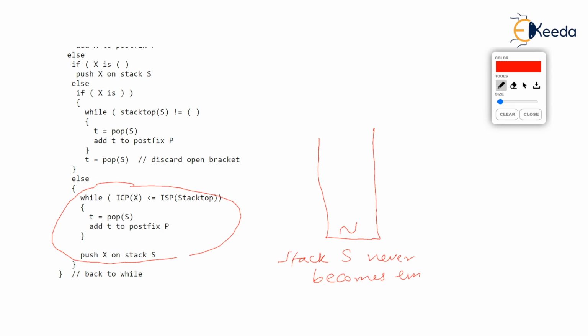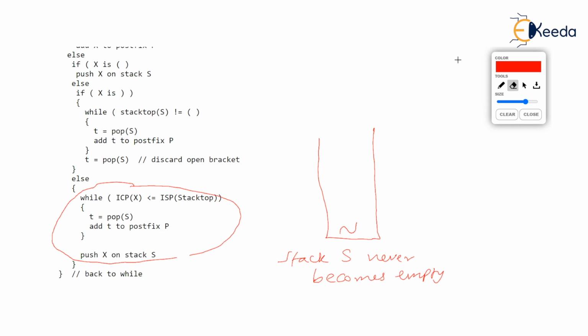By just pushing the tilde in the beginning inside the stack such that priority of tilde is least, we are ensuring that the stack will never become empty. How come? Why really? Just imagine for some time that tilde is not there.